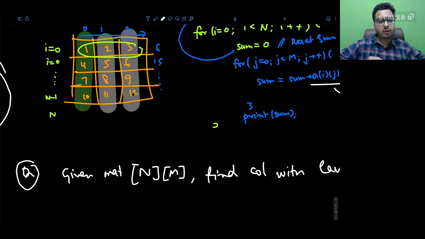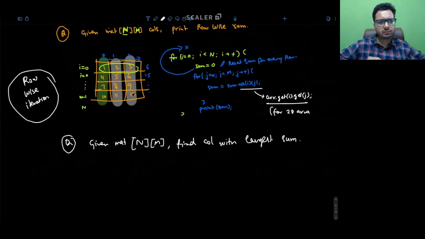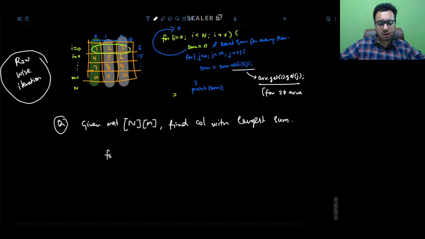We need to iterate over the columns, right? So can I say I will set the column to be 0, let's say zeroth column. So for column equal to 0, column less than m, I have m columns. So column less than m, column plus plus.